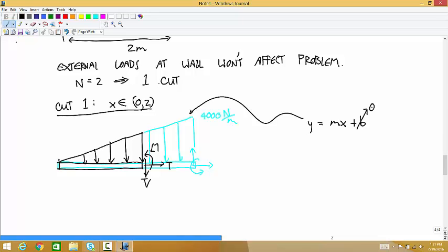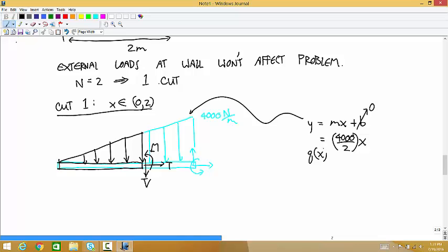And now we have to represent the slope of this line. 2,000. Yeah, so the slope is the rise over run. It rises 4,000 over a distance of 2. So we have 4,000 over 2 times x.